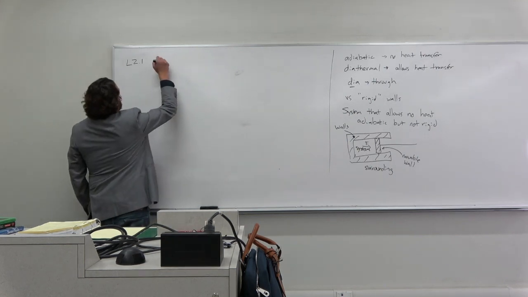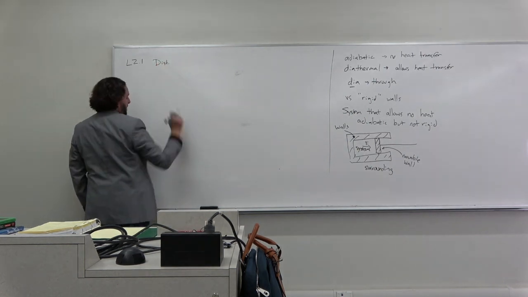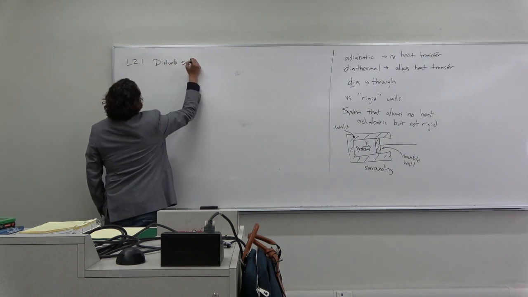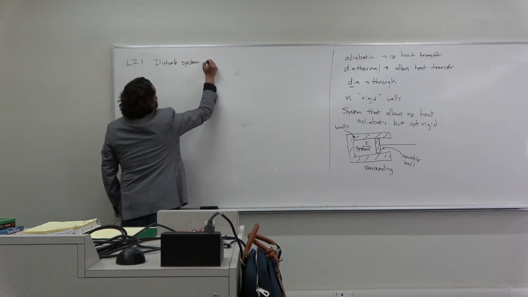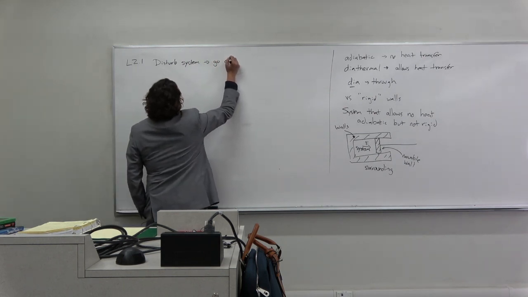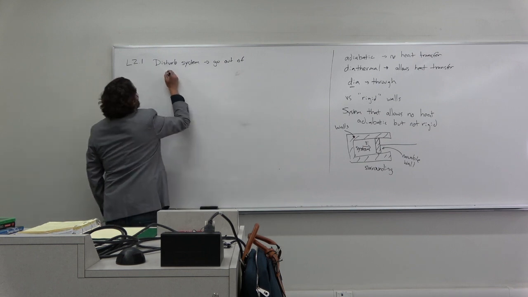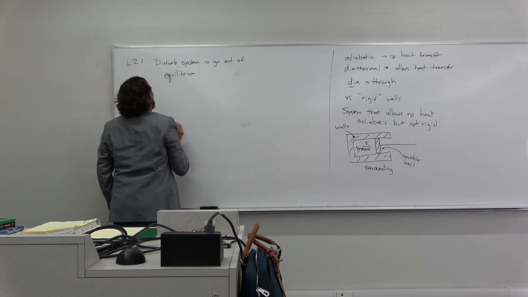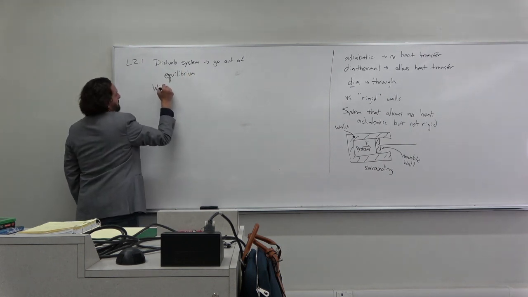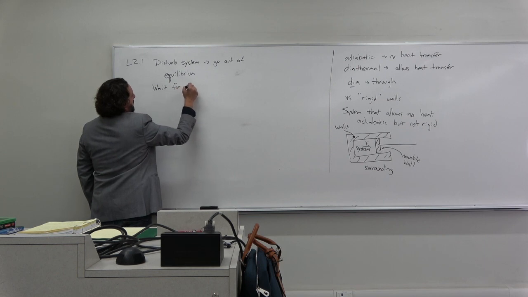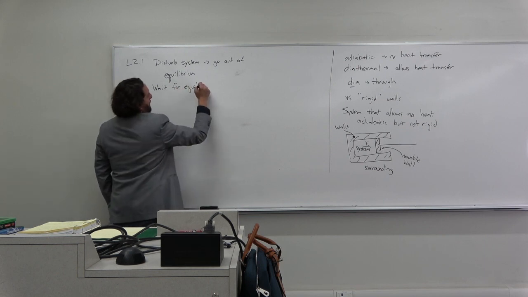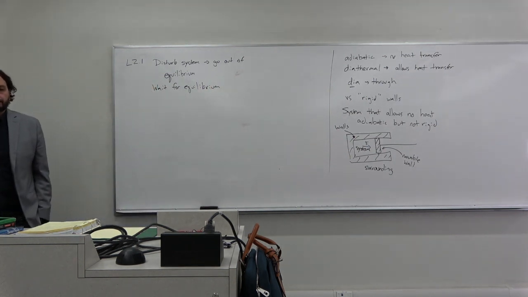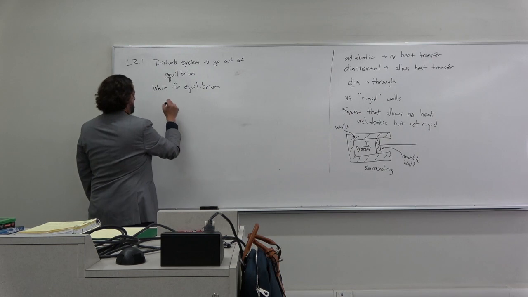So if you disturb a system, it'll go out of equilibrium, and you need to wait long enough to regain equilibrium. So how do you know that you've regained equilibrium? Okay, so that's the question.